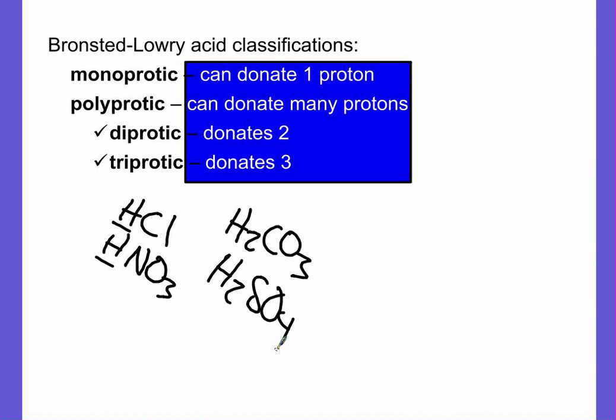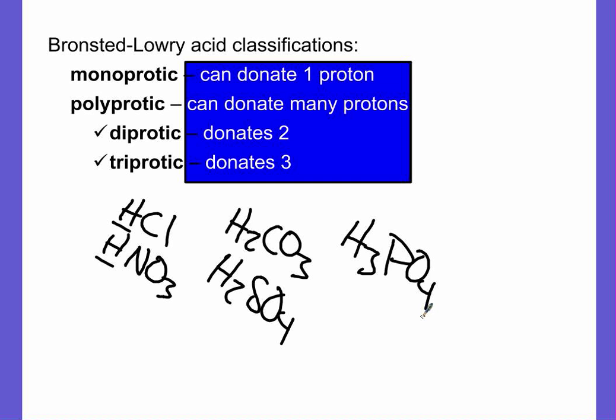You could even have triprotic, like phosphoric acid. So there's three hydrogen ions that can be donated. It's polyprotic, it's triprotic. All good with that? Know what's going on?